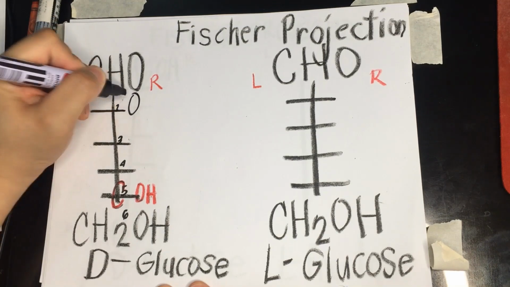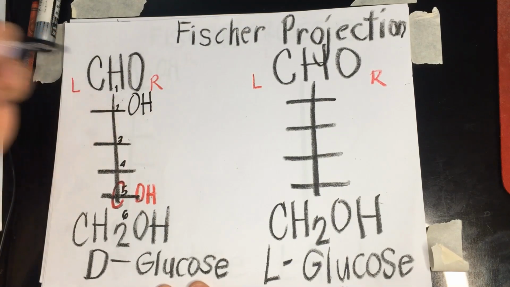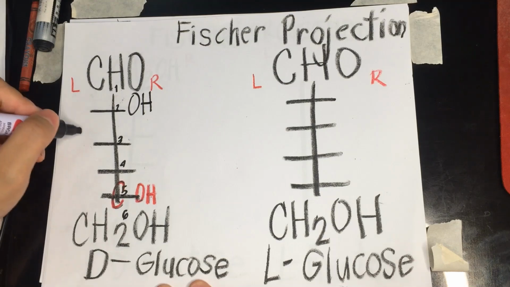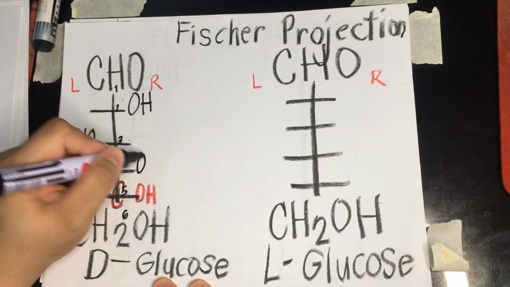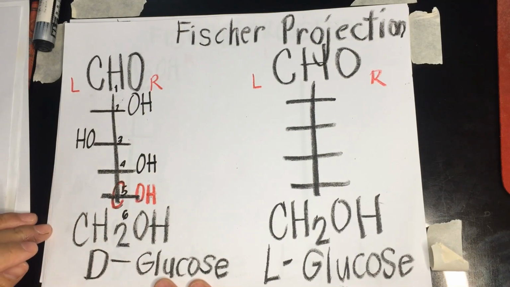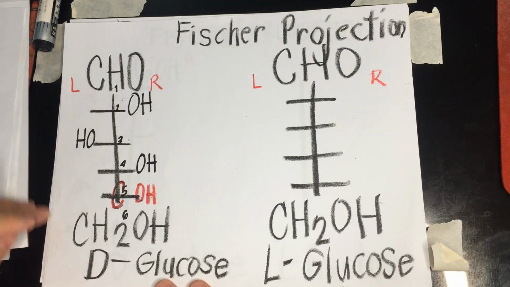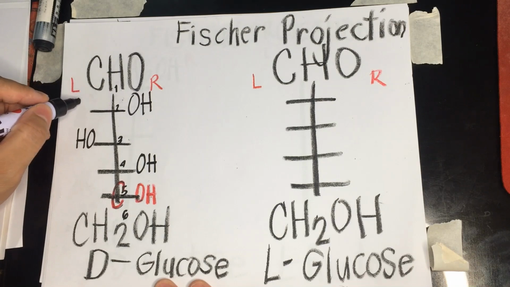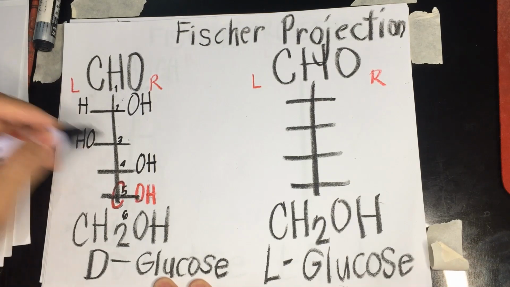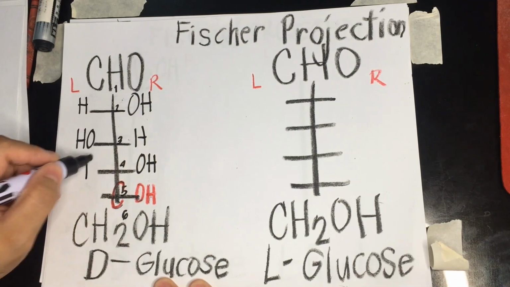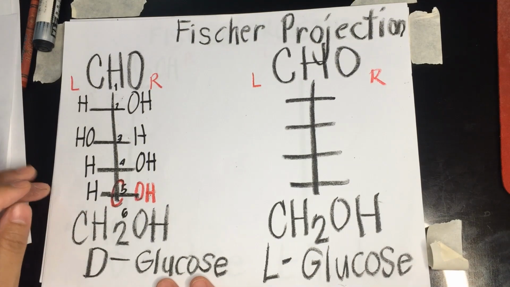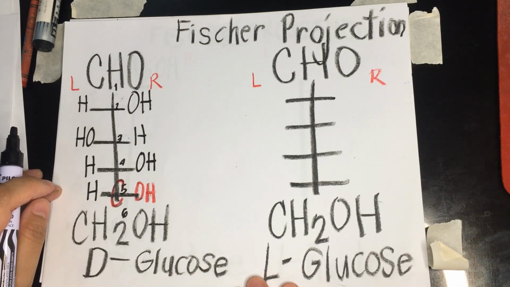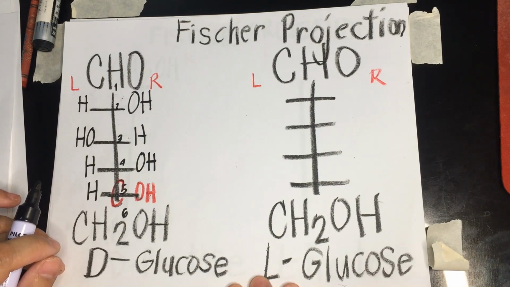So we are going to place the hydroxyl group on the right side, followed by left side, and then right side. The remaining pairs will be hydrogen group. So we have hydrogen, hydrogen, hydrogen, and hydrogen. So this is the Fischer projection for D-glucose.